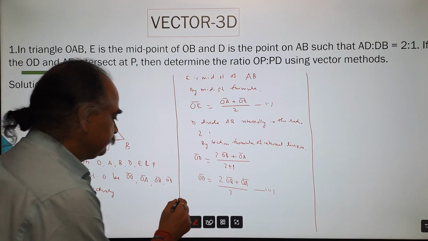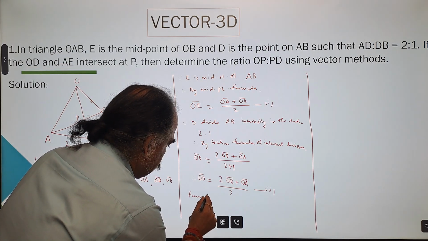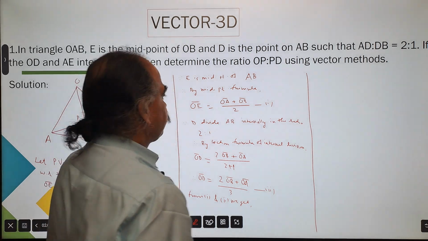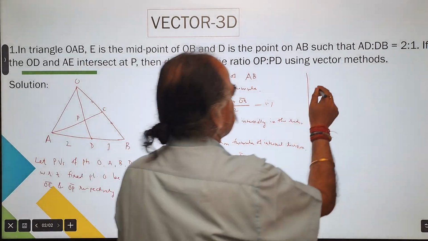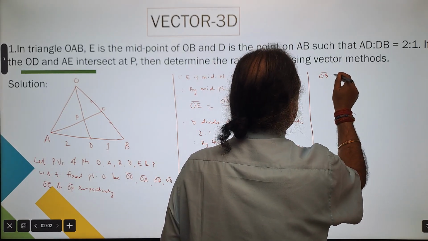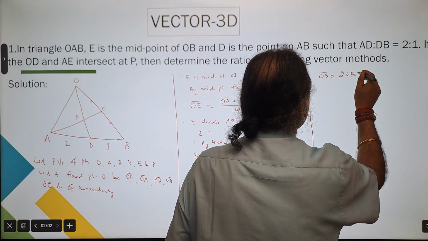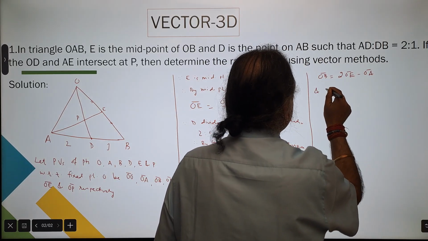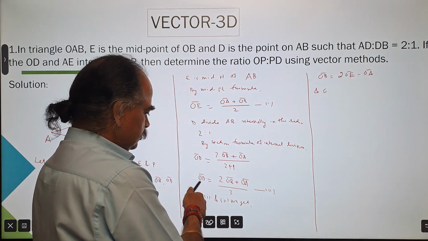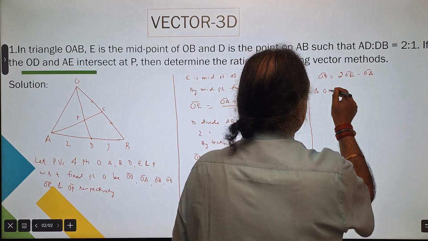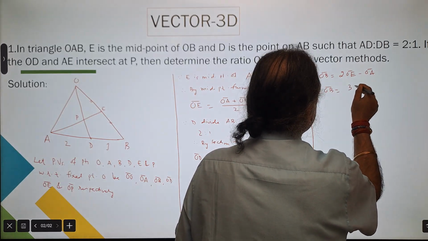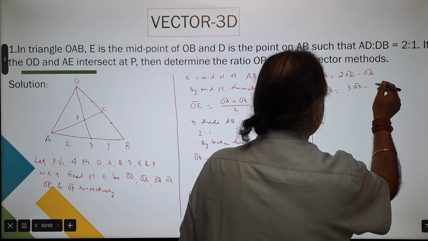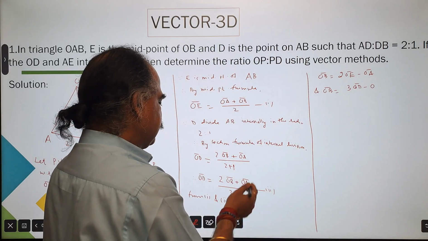So from 1 and 2 we get: from 1, OB bar is 2 OE bar minus OA bar, and from equation number 2, OB bar is 3 OD bar minus OA bar upon 2.